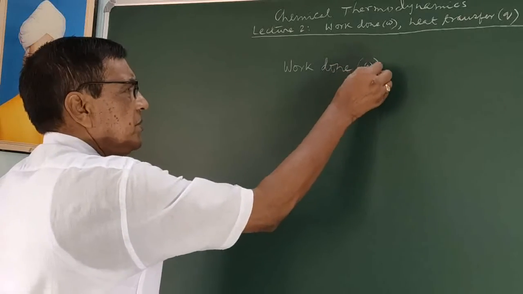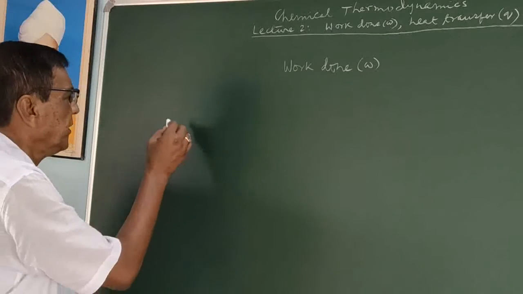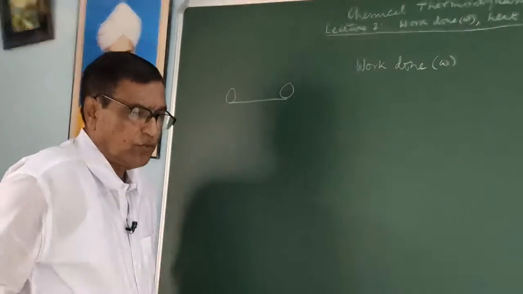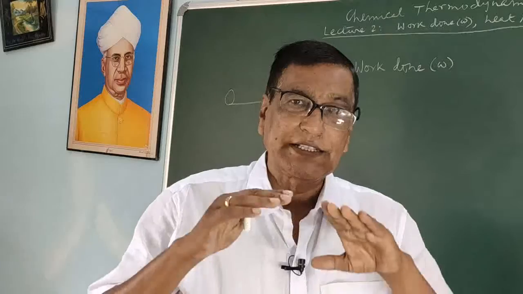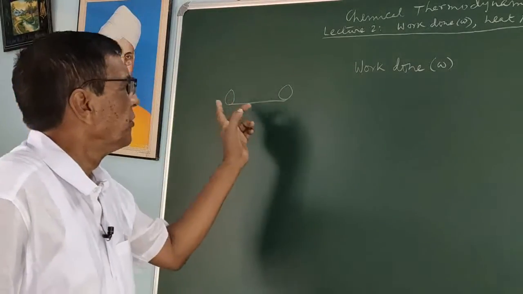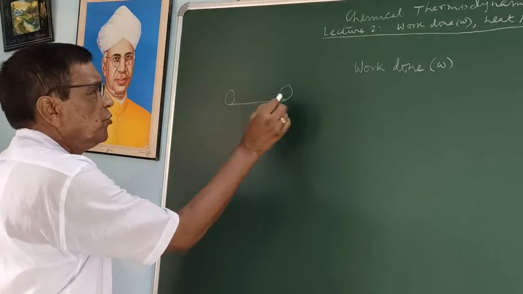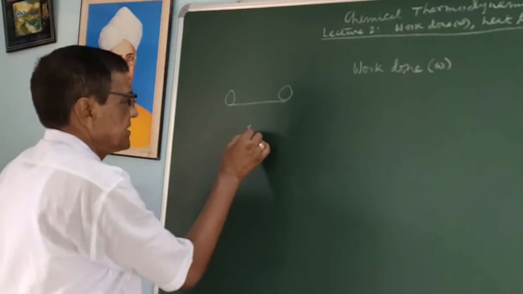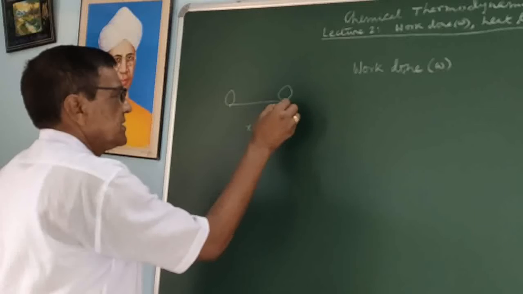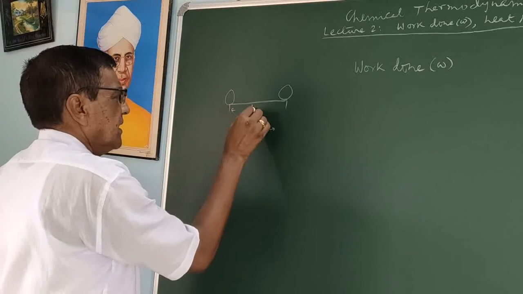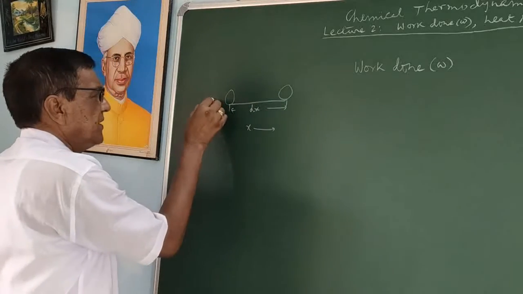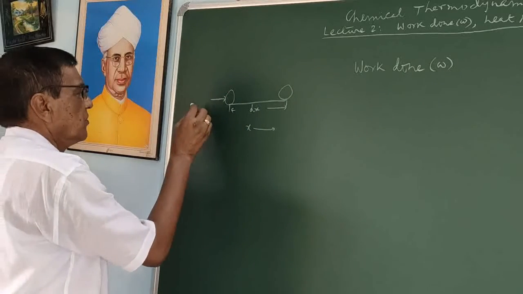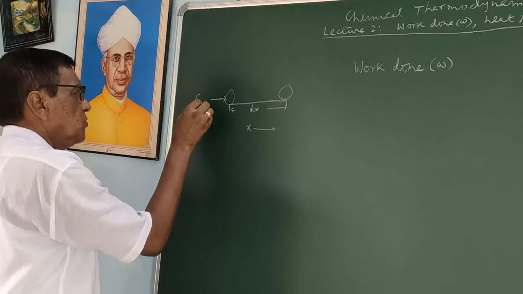It is given the symbol W. Whenever a body moves, when the surroundings exert a force on this body and the body moves through a distance, suppose dx, in the direction of the x-axis, the surroundings give a force equal to Fx.